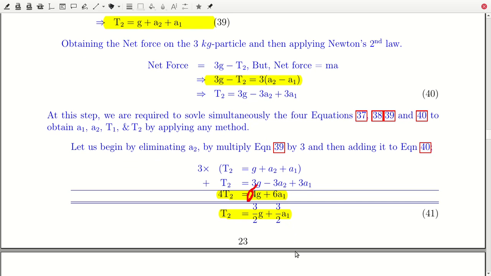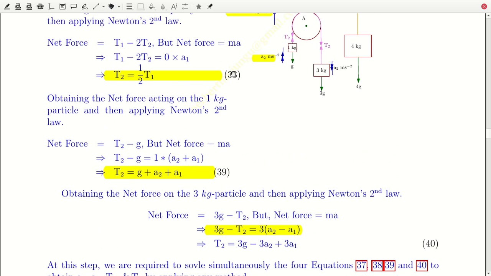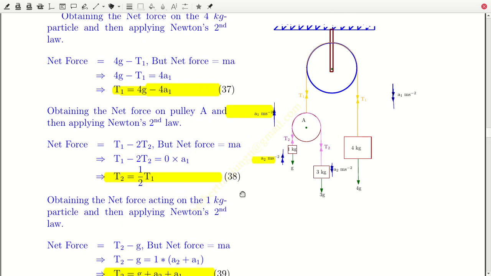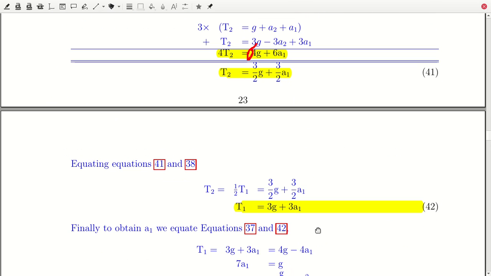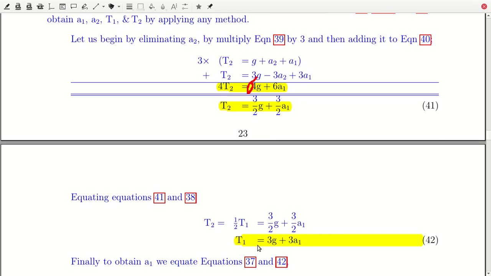So here, if it has come from these two, t2, you can now either apply it with equation 38 or equation 37. But in my case, I did with 38 first. So the expression I got, it came from manipulating 39, 40, and 41.